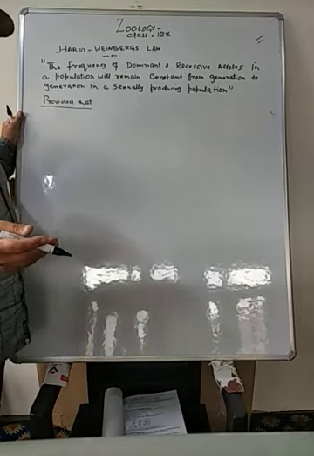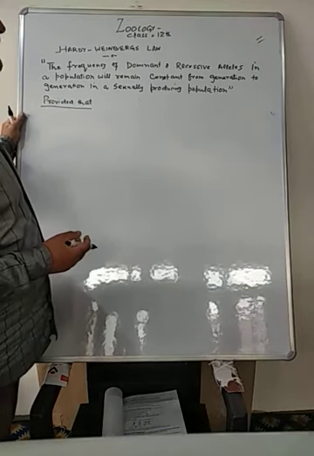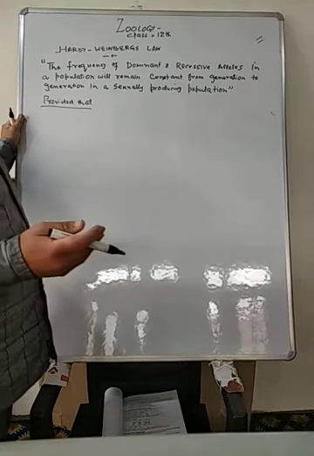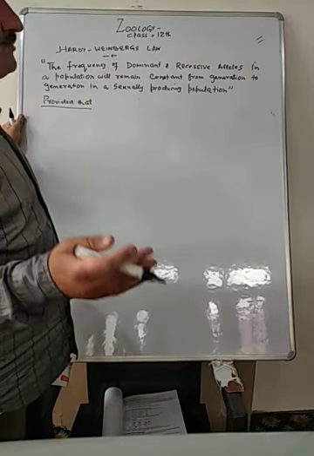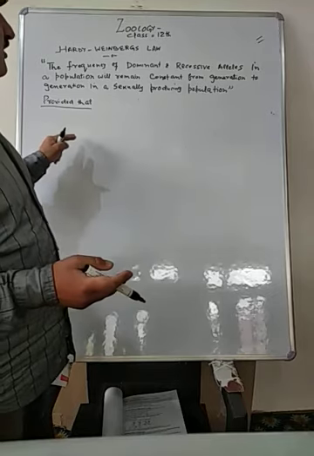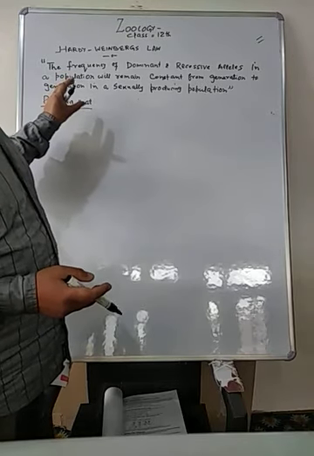That means if there is no change in their alleles, in their genetic constitution, from generation to generation, there will be no evolution. The population should be sexually reproducing, provided some conditions are fulfilled.